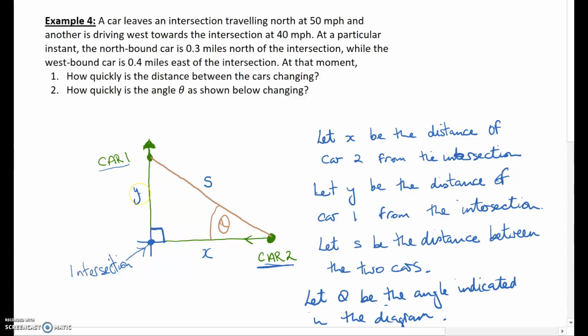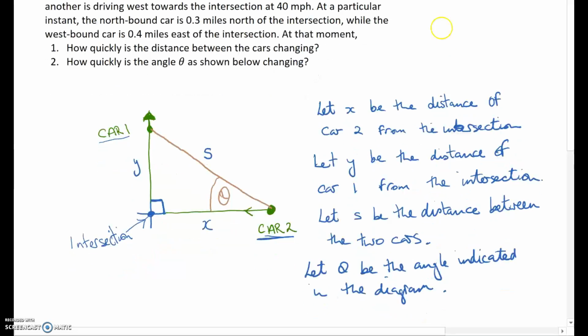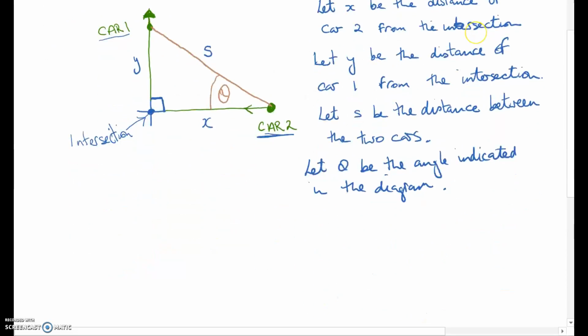The distance that car 1 is away from the intersection is changing by 50 miles every hour. So that's the rate of change of position. So in other words, speed is the rate of change of position.